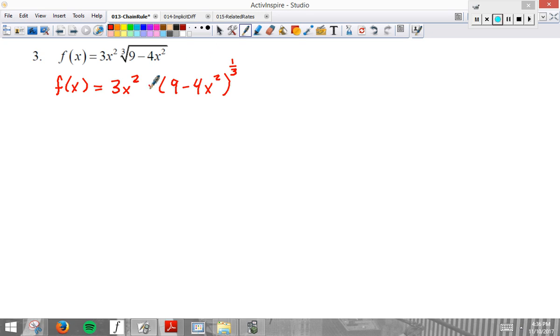And the reason this is such a hint is this also requires what we covered in the last section, the product rule. So, careful, careful.